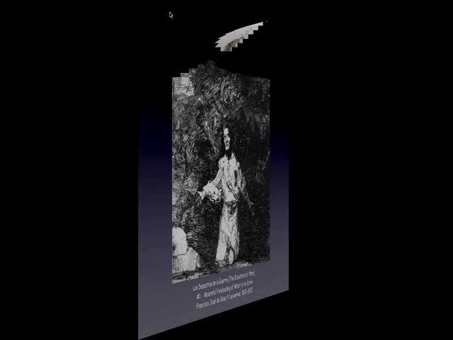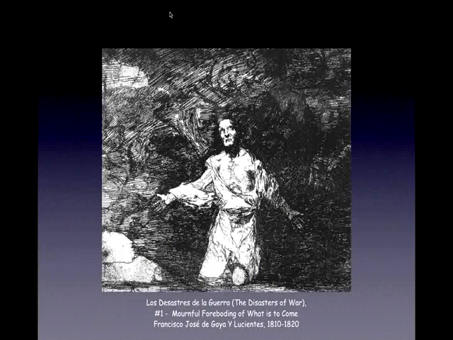Goya's most important series of etchings were done in response to the French invasion and occupation of Spain. He worked on a series of etchings between 1810 and 1820.